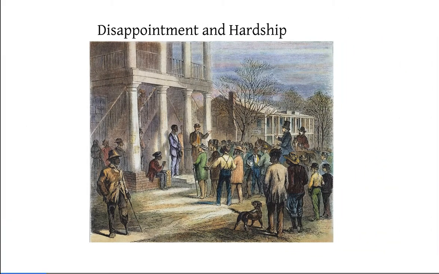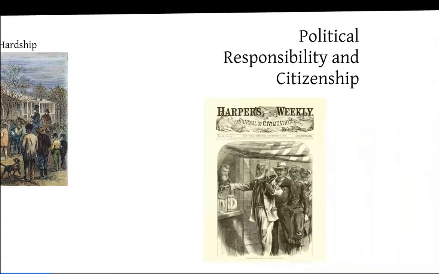There was a lot of disappointment and hardship as well, and this painting from your book shows a freedman, a former slave who now is free, but is being auctioned off because of debts that he owed. So, as I said earlier, there was freedom generally for African Americans, but many of them still lived in conditions very similar to those of slavery.